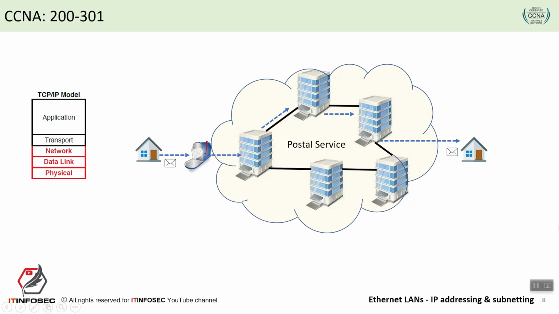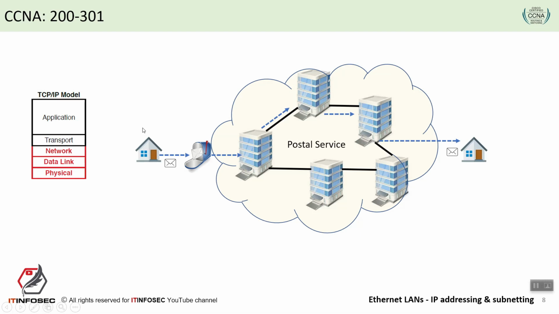Okay, well, now let's look at how to address systems in the network, which is very similar to the post office system for delivering letters. We have some post offices in the city, and all of these post offices are connected together.